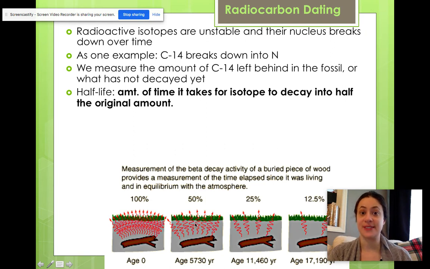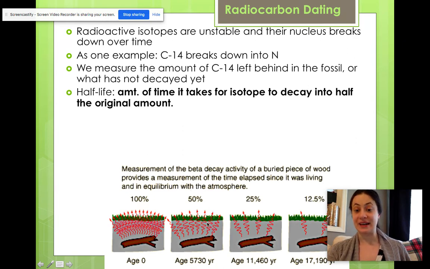5,700 years later, it is starting to decay and break down because the isotope is unstable. So the carbon-14 is starting to break down into nitrogen. So half of that carbon is breaking down into nitrogen. So here we had 100% carbon.